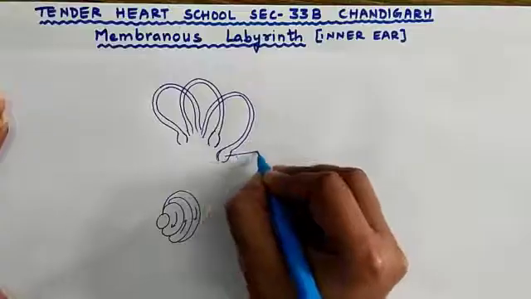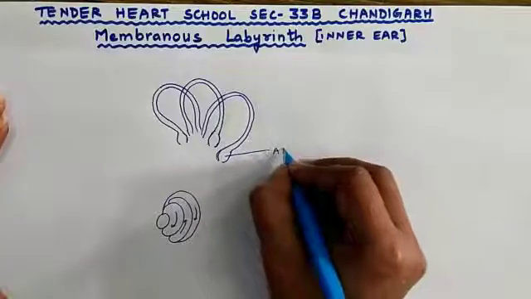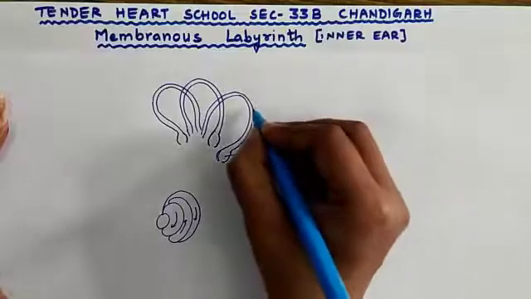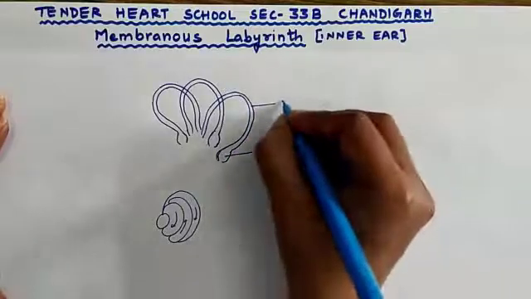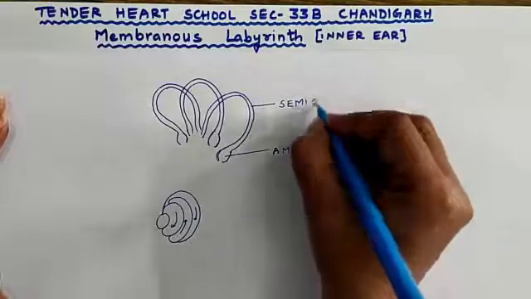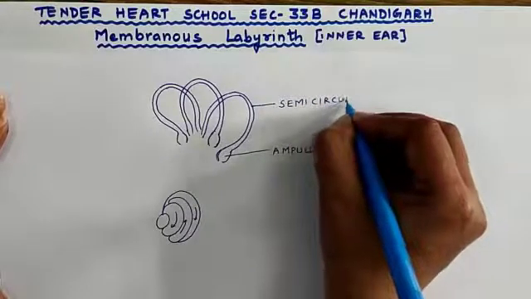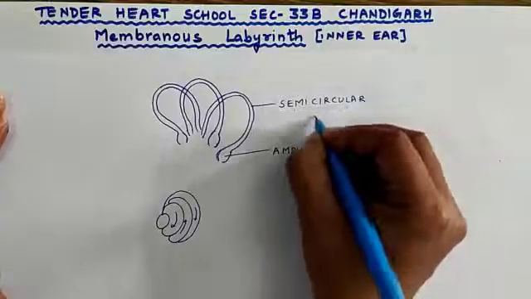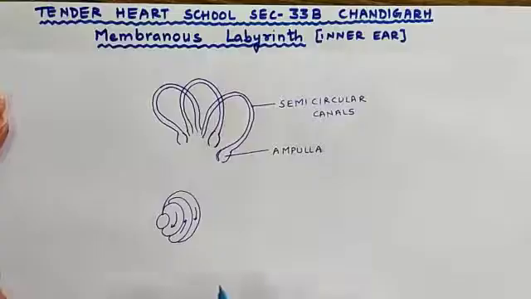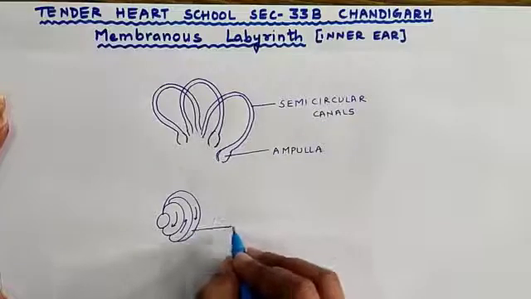So this region is the ampulla of the semicircular canals. Three semicircular canals are present at right angles to each other, and this is your cochlea.